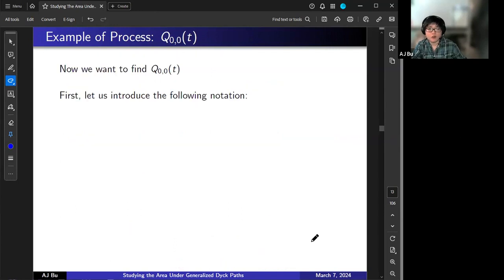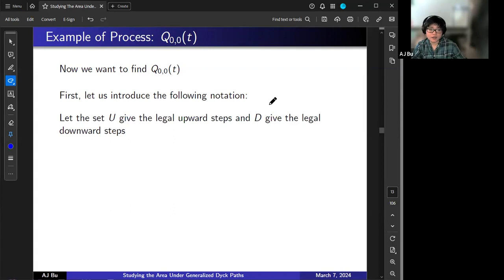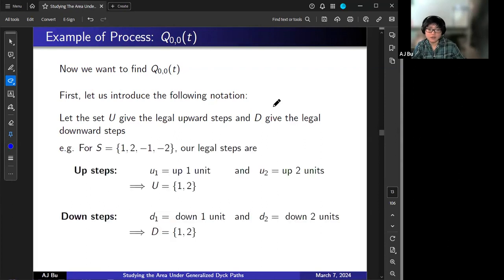Okay. So before we go into how to do that, let's introduce some more notation. We're going to let U be the set that gives the legal upward steps and D be the set that gives the legal downward steps. So for example, in our set S equals {1, 2, -1, -2}, we have the following legal steps.